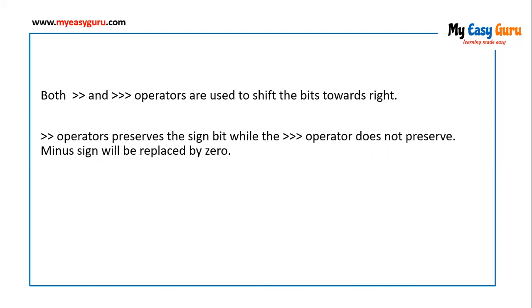We can say that these operators have the same motive, that is, their use is to shift the bits towards right. The right shift operator preserves the sign bit while the zero fill right shift operator does not preserve it. The minus sign will be replaced by 0. That is the key difference.